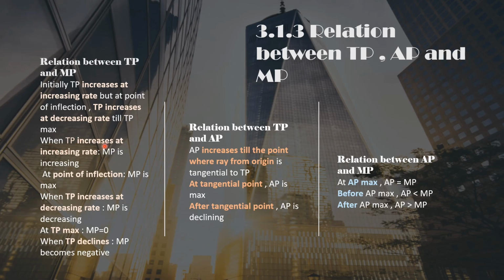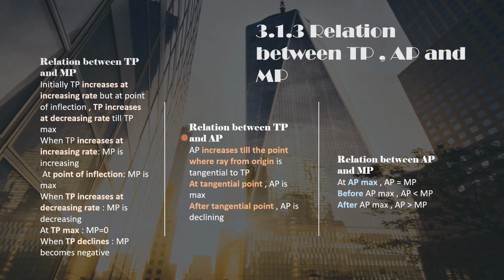When TP is increasing at increasing rate, MP is increasing. At the point of inflection, MP is max. When TP increases at decreasing rate, MP is decreasing. At TP max, MP equals 0. When TP declines, MP becomes negative. So that was the relationship between TP and MP.